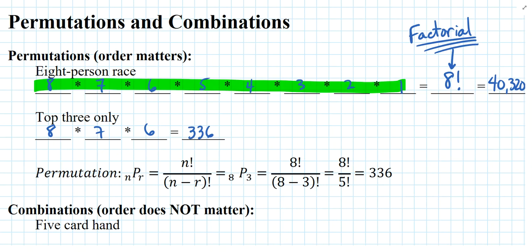Special notation is used to identify this permutation, nPr, where n represents the number of items in the set, and r represents the number of items that are needed per grouping.